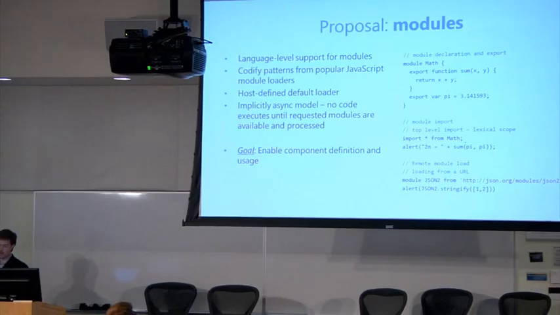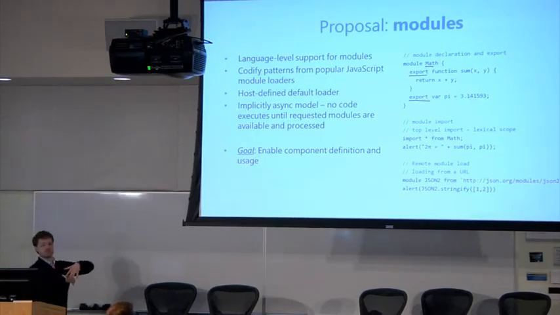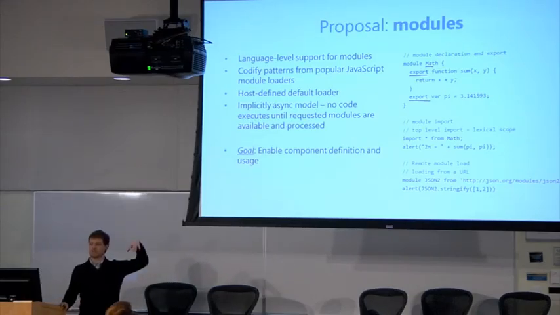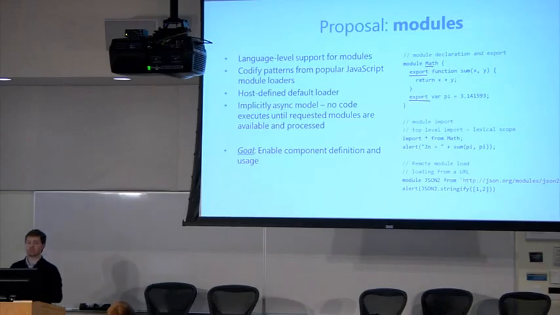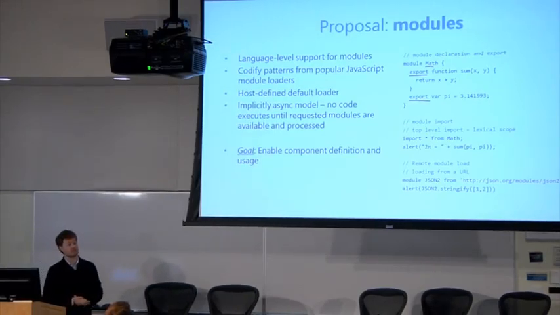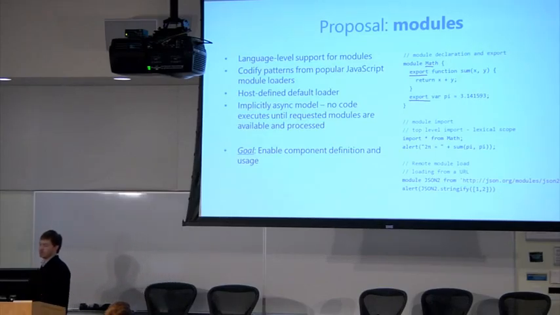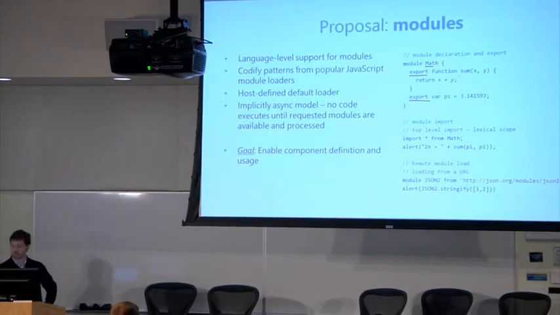So modules allow me to declare a module named math, for instance, here. And inside that module, I can declare a set of exports. I don't have it here, but I could also, of course, have as many other bindings as I want inside the body of this module, and all of those are purely local to that module, just like the standard module patterns that people use in JavaScript today. But when I export these variables, they're now available on that module itself, on module math.